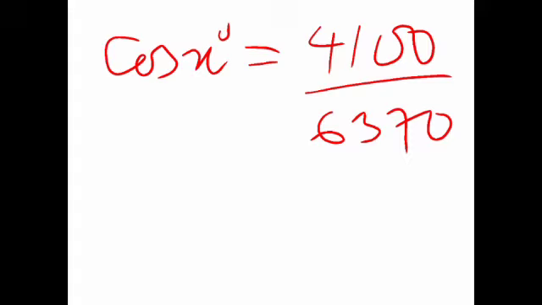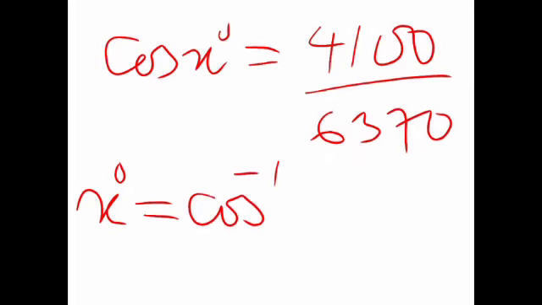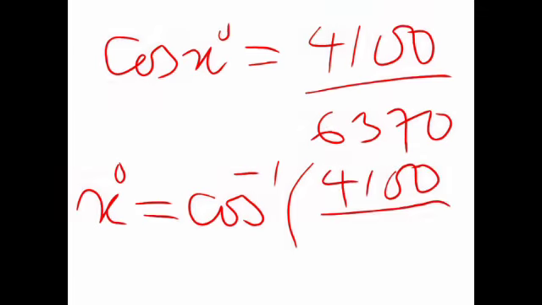Remember, trigonometry says for you to calculate the angle here, you have to find the inverse of cos. So we're going to say x degrees is equal to cos to the power of -1 of 4,100 over 6,370.